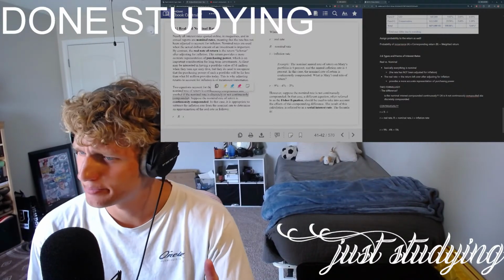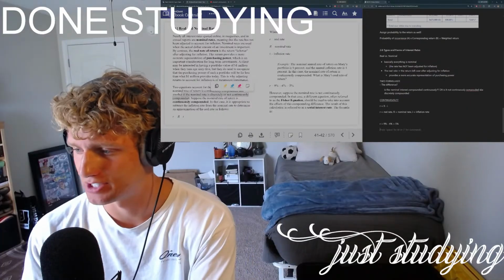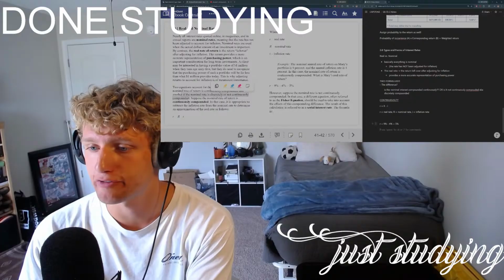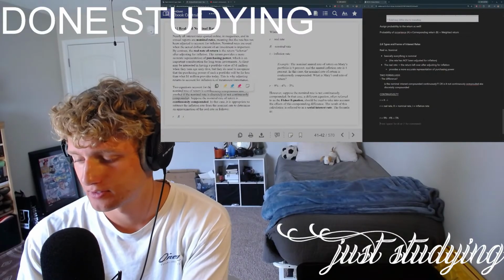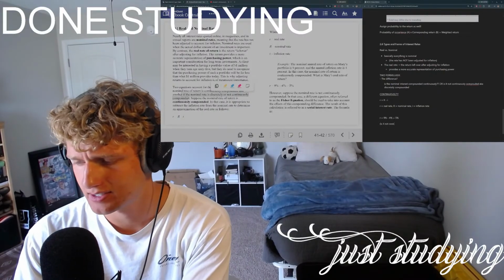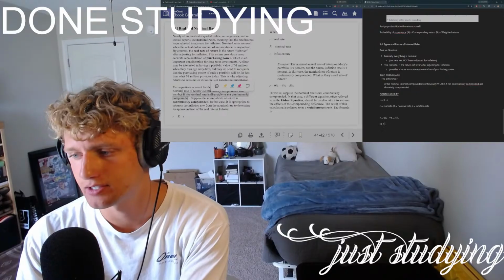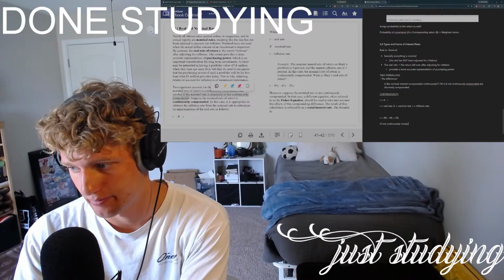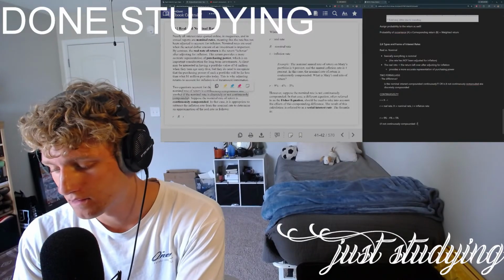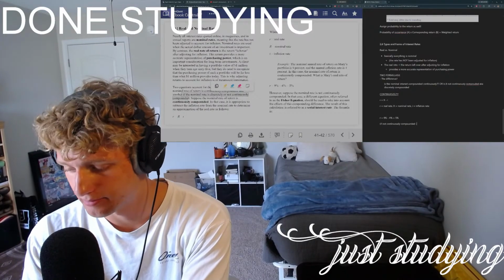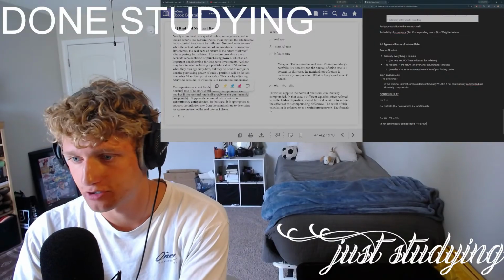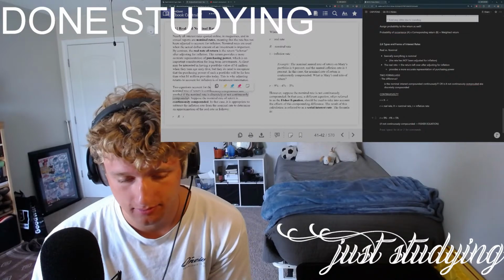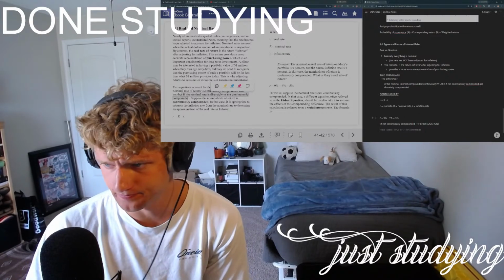However, suppose the nominal rate is not continuously compounded. In that case, a different equation, often referred to as the Fisher equation, is used.